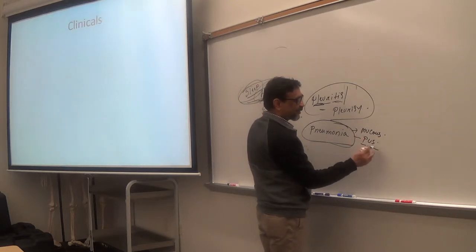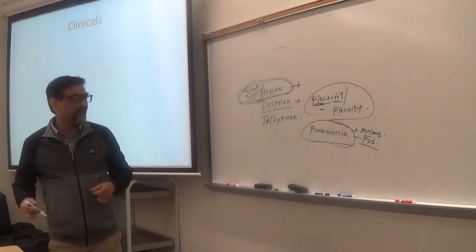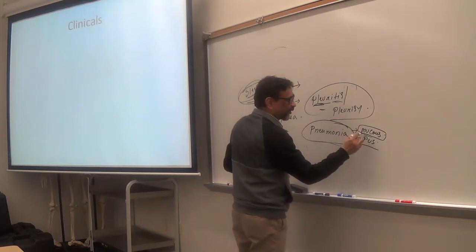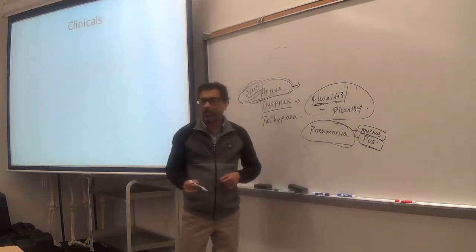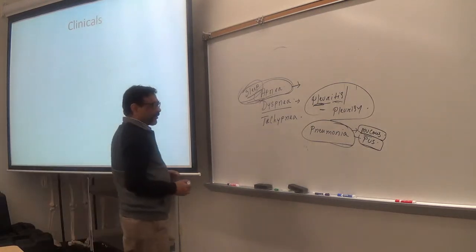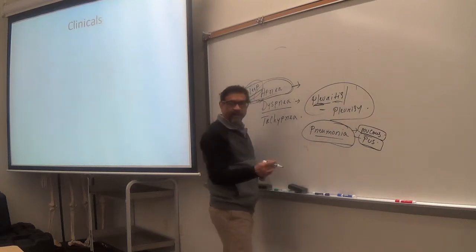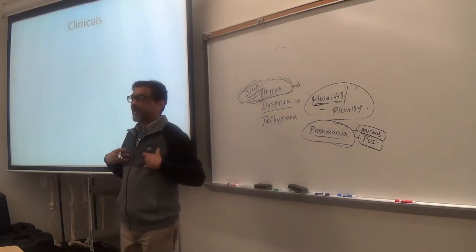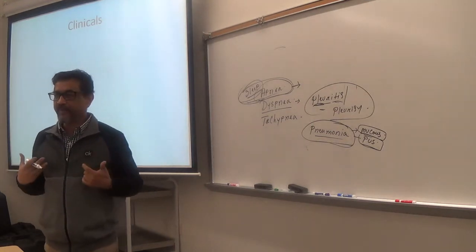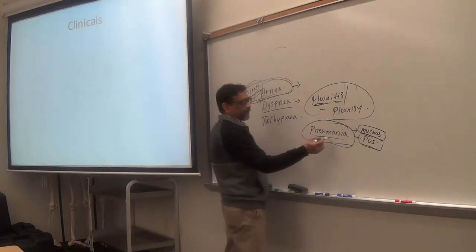Pus can be accumulated in the tissue. Fluid with mucus will accumulate. Sometimes we see pus, dead tissue. Okay? So the infection could be bacterial or viral, or sometimes pneumonia occurs without bacteria or virus. Chemicals can also cause inflammation. Okay? So pneumonia.